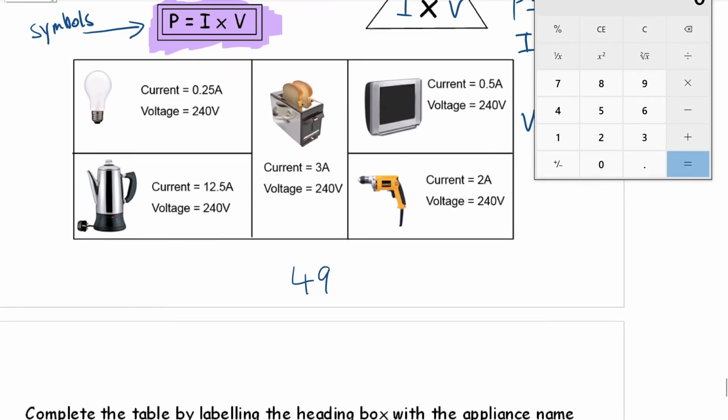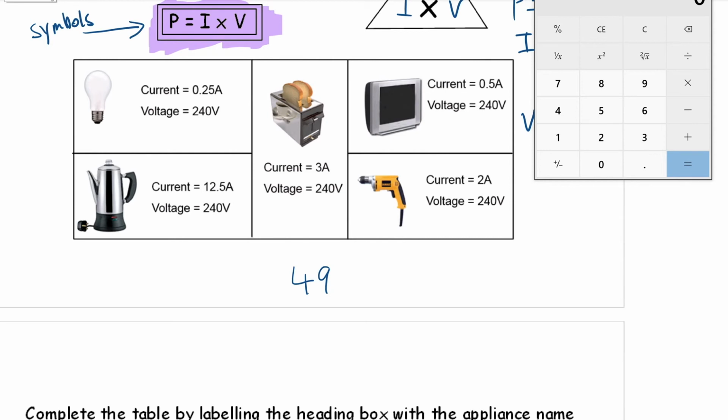So if we look at the electric drill, for example, it's telling us the current is 2, the voltage is 240. Just an aside here. In the UK, 240 volts was the mains voltage level.